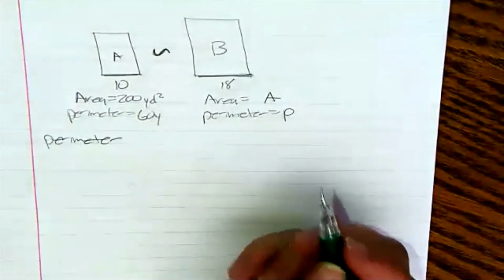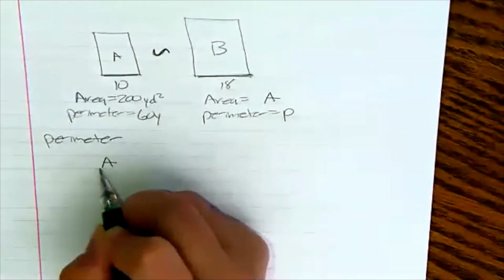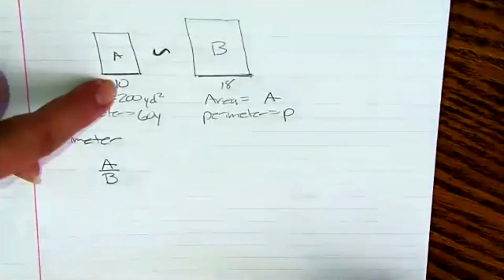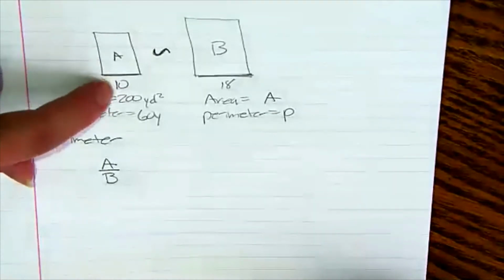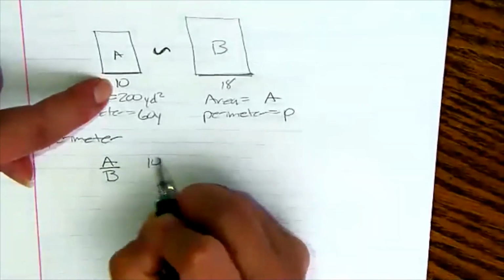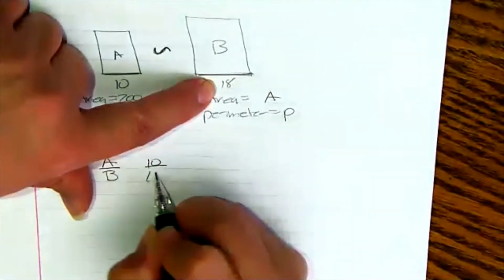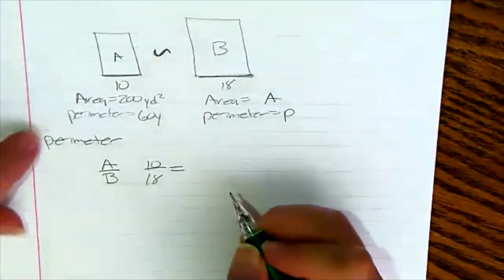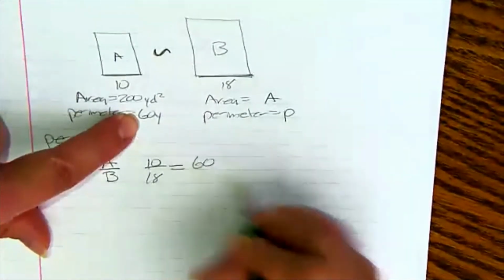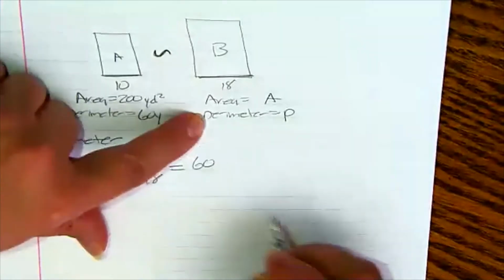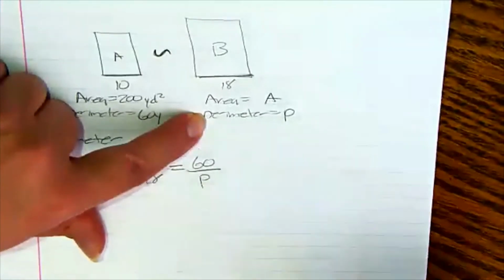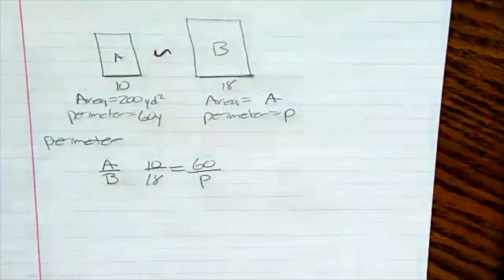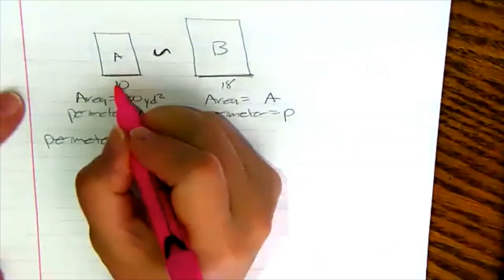So perimeter, we have A over B. We have the length of A over the length of B. And that should be equal to the perimeter of A over the perimeter of B. So here again, we're looking at corresponding parts.